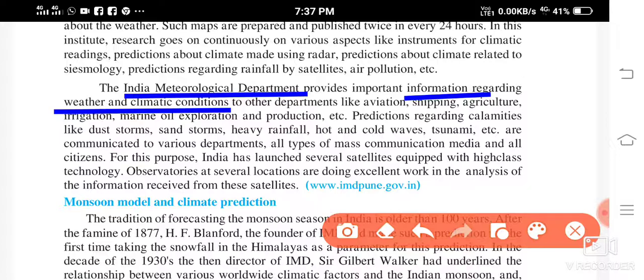I told you a little before that this information is going to be useful to the aviation department. Aviation department means the flight-connected departments like aeroplanes, hot air balloons and all.